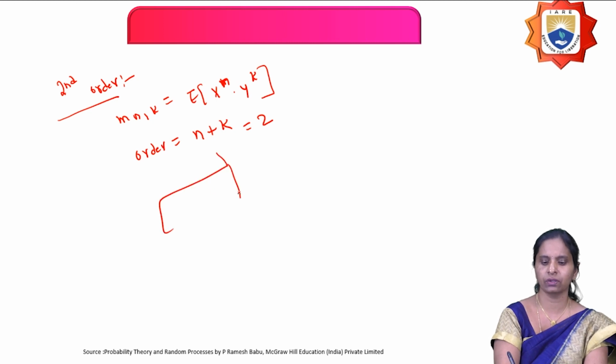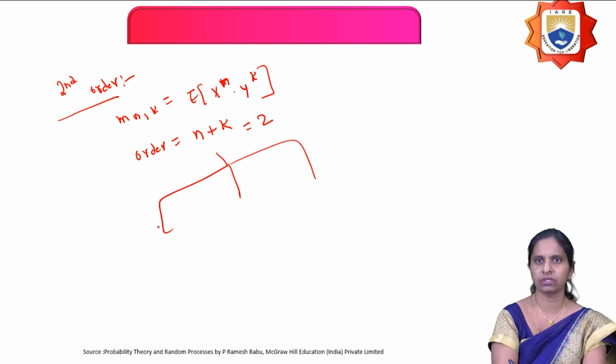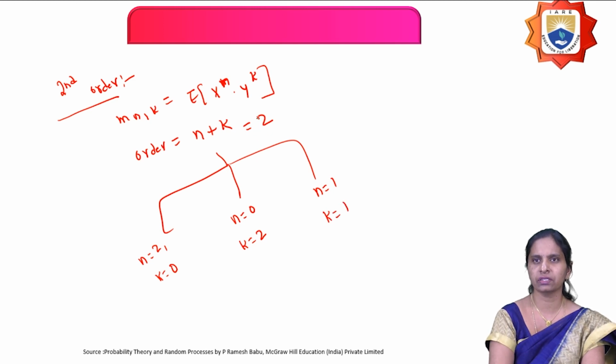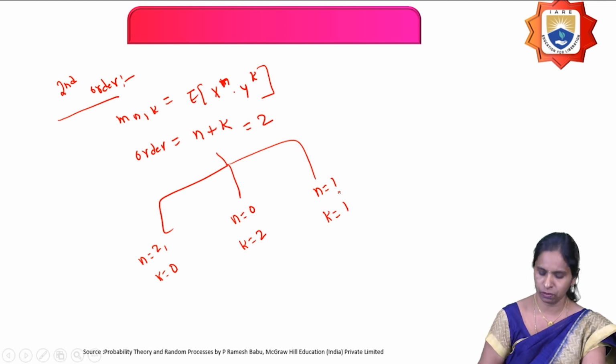How many cases give n plus k equals 2? The first case is n equals 2 and k equals 0. The second case is n equals 0 and k equals 2. The third case is n equals 1 and k equals 1. Therefore, there are totally 3 combinations for order 2.